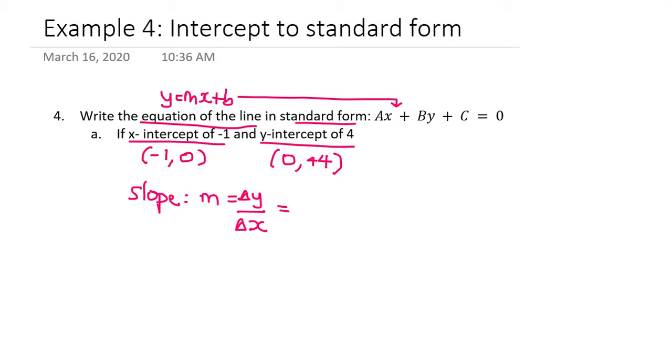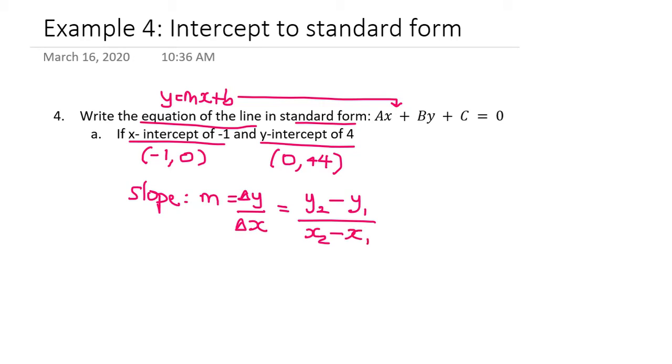In here, a change in y means we're going to pick our y2, from our second point, and subtract that of the first point, y1. On the other side we have our x2, from point 2, minus point 1's x value, which is x1.